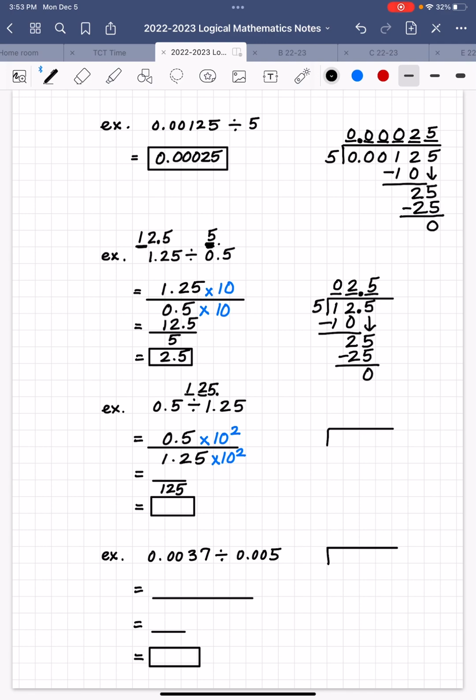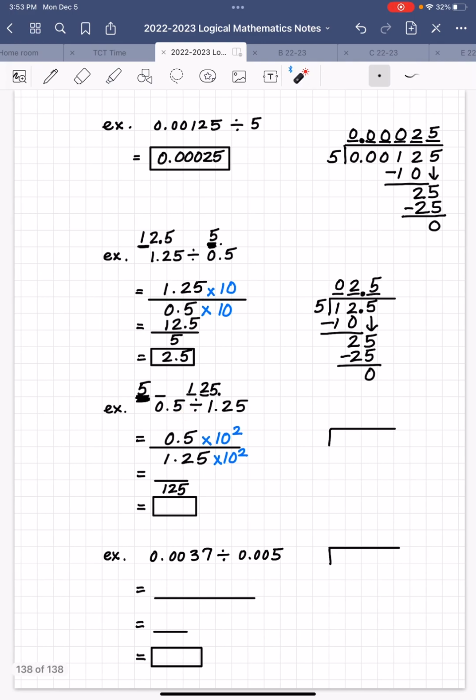And our numerator, each is just going to get 2 places bigger. So that 5 is going to go right here. 5. Then, are there any other digits to the right? No. So I'm going to annex zeros until I get to the decimal point. And what number is that? 50. Okay, so this is really 50 divided by 125.